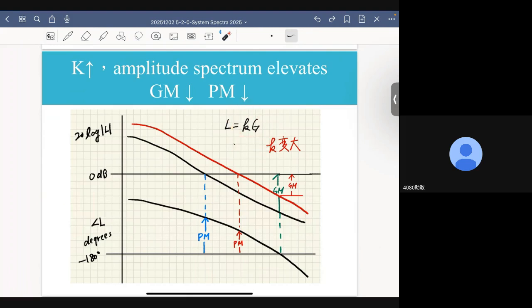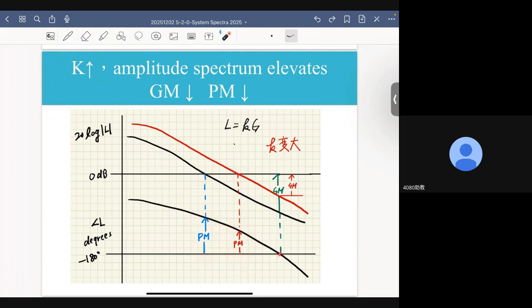Now, if this is the case, what would happen is that originally the gain crossover frequency is here, but due to the increase of the value of K, the gain crossover frequency changed from here to here. So by definition, the phase margin becomes this, which is smaller than what it was.